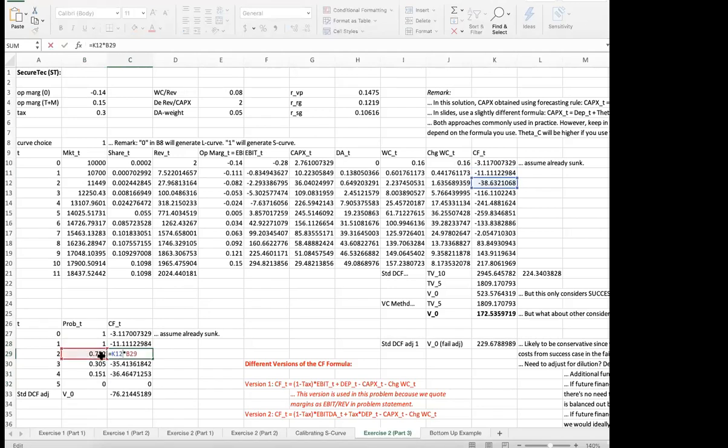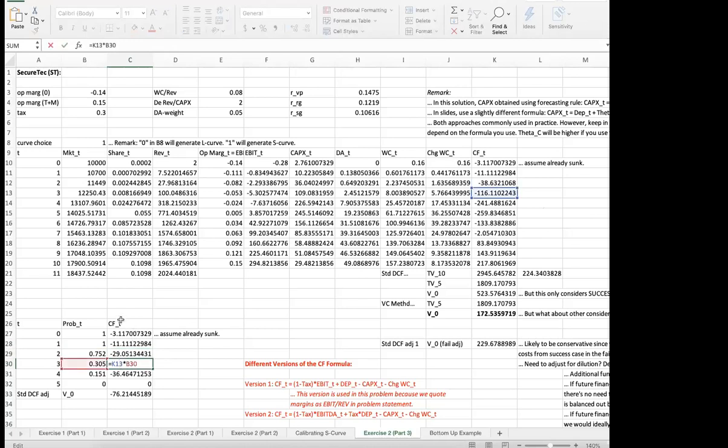Why? Because 75% of the time I lose 38 million, but the remaining 25% of the time, my startup has already failed. When it's already failed, it's not operating anymore, and it doesn't generate any cash flows. So 75% of minus 38 plus 25% of 0. That gives us $29 million.